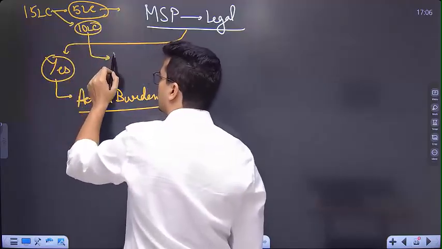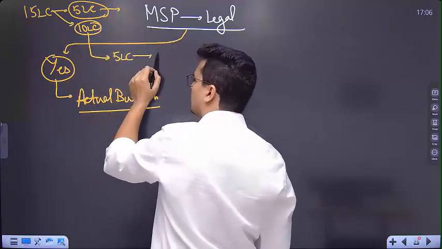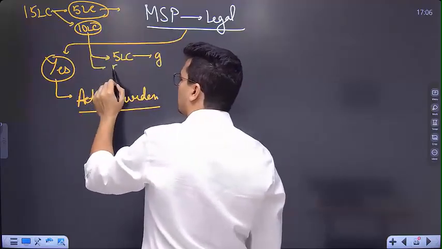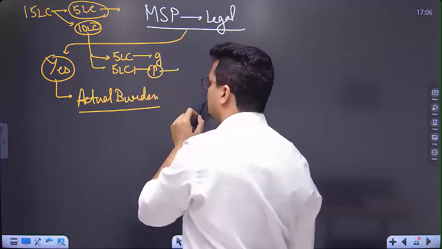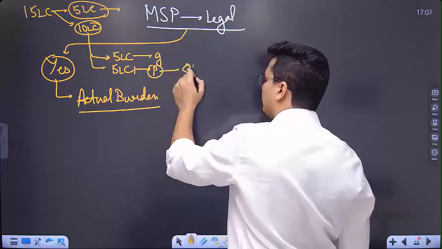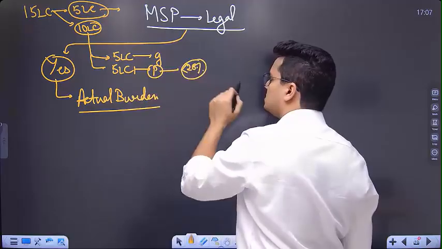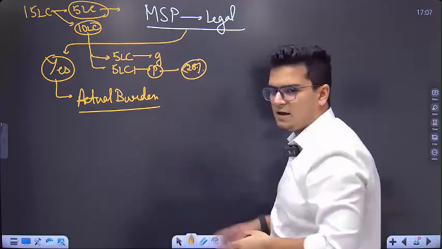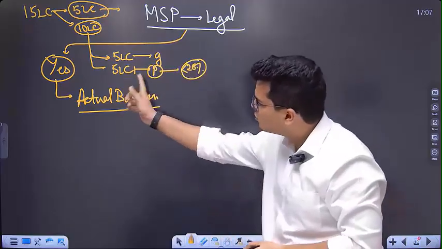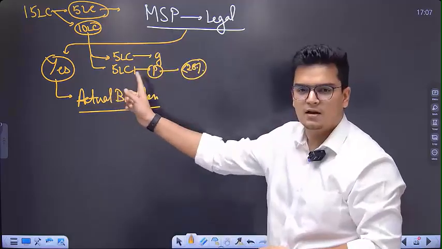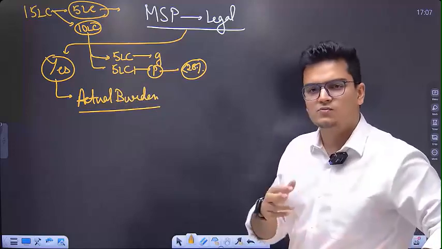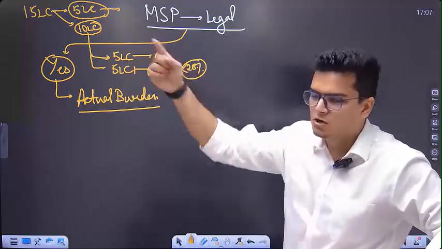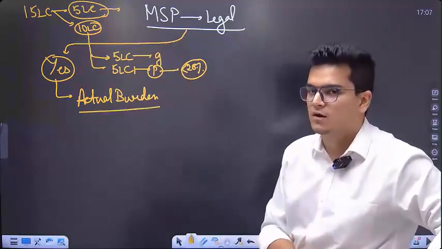In this 10 lakh crore, 5 lakh crore is procured by the government. 5 lakh crore is procured by the private sector. This private sector generally pays 25% less than MSP. So even if you have to legalize MSP, you will only have to do this price deficiency payment, which will come to 1.5 lakh crore. And 1.5 lakh crore was foregone by the government when they reduced the corporate tax from 30% to 25%.